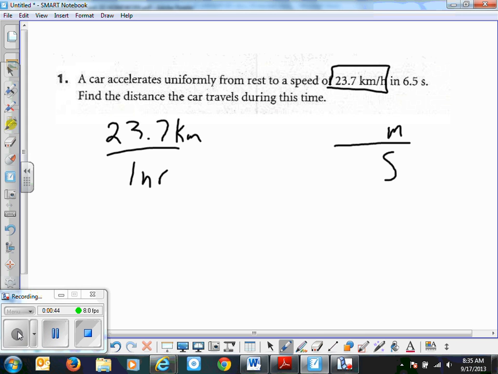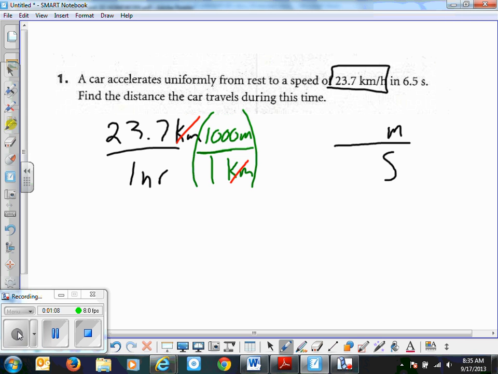Well, you can pick on either label at a time, it doesn't matter. But just like any other math thing, if I put kilometers on the bottom here, that's going to cancel all the kilometers down to 1, right? Okay, do you agree? So 1 kilometer is 1,000 meters. So this is factoring out that label. Now I have meters on top.